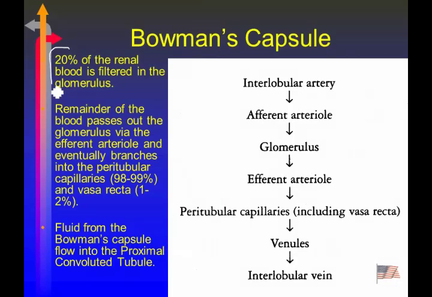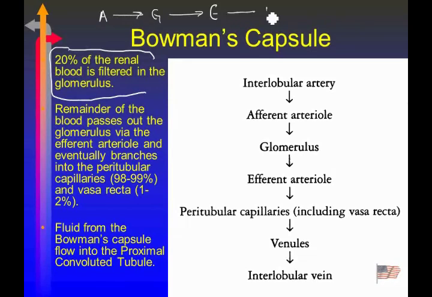Roughly only about 1/5 of the blood is filtered through the glomerulus. The other 80% is just allowed to pass on from the afferent arteriole back into the efferent arteriole. It doesn't get affected. Okay? And that's what this is basically saying, that as it passes from my afferent going into my glomerulus, coming back out to the efferent, it then actually goes to the peritubular capillaries.